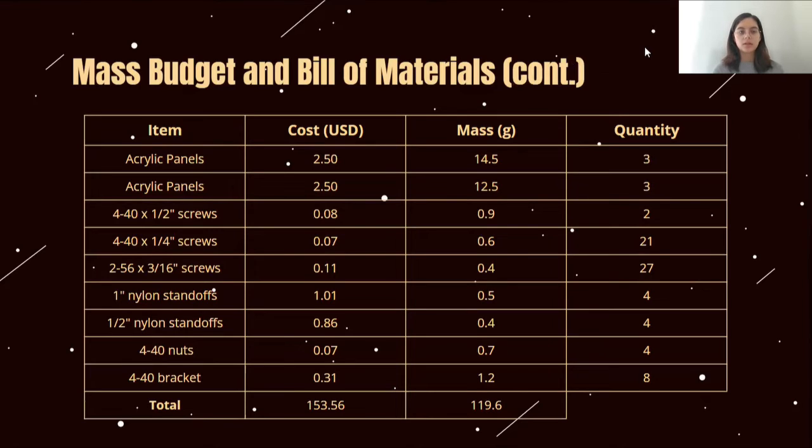And here is a continued list of our mass budget and bill of materials. Some examples of the things on here are the acrylic panels, which cost around $2.50 and weigh about 14.5 grams, and the half-inch nylon standoffs, which cost around 86 cents each and weigh about 0.4 grams.